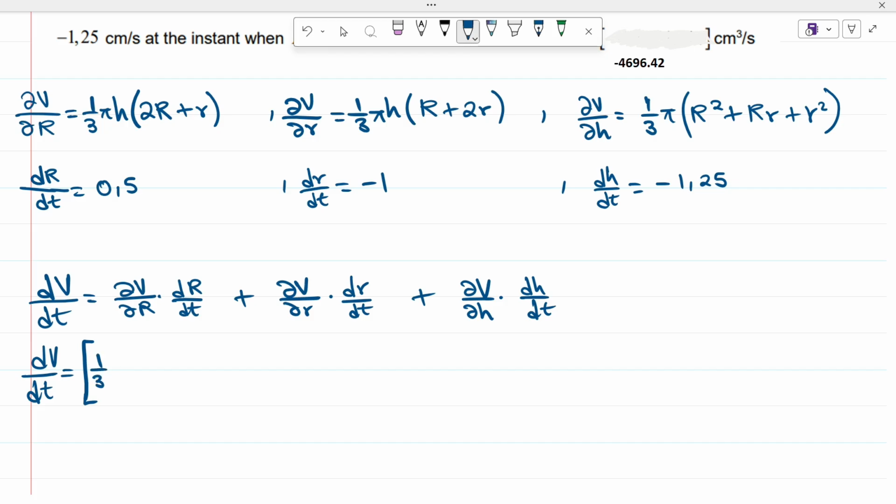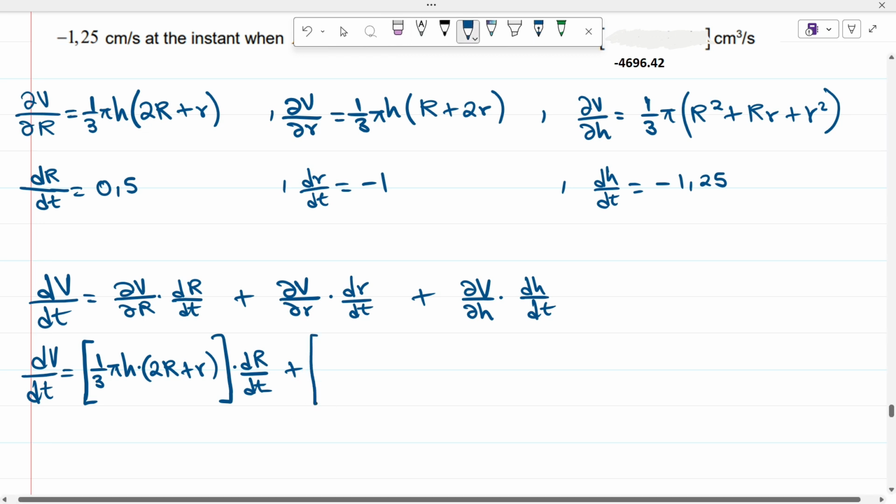So this is going to be 1 over 3 pi h multiplied by 2R plus r, and then I close there, and then I multiplied by the rate at which R changes with time, plus I put the other one there.